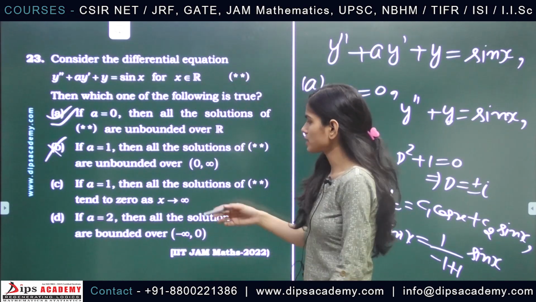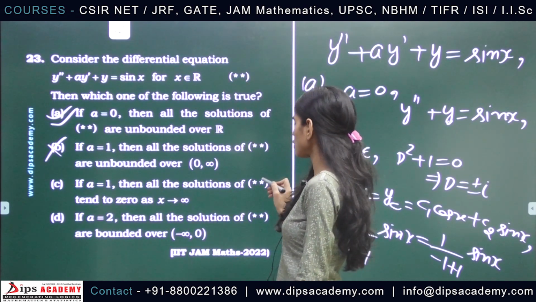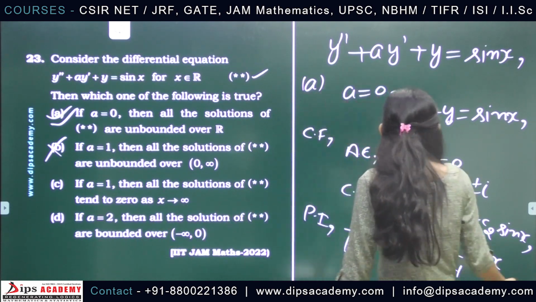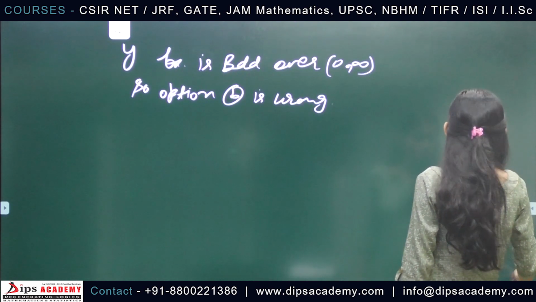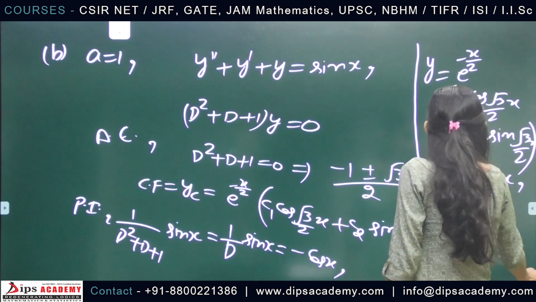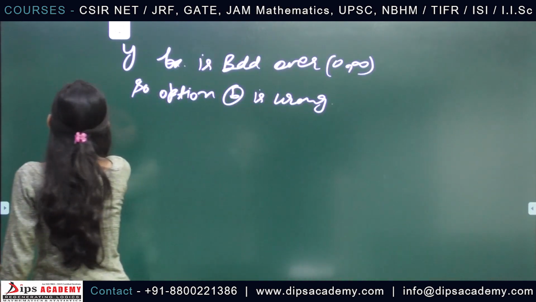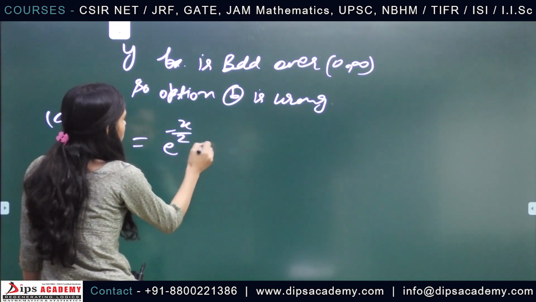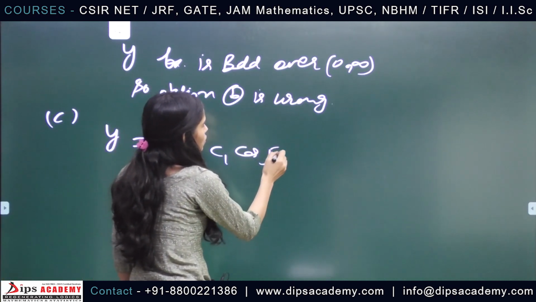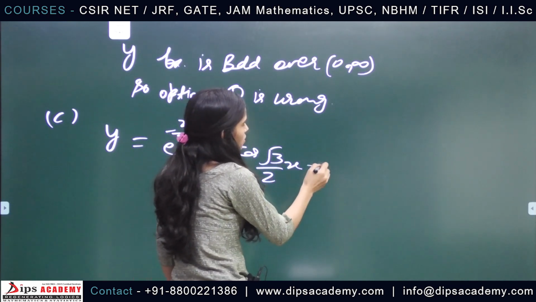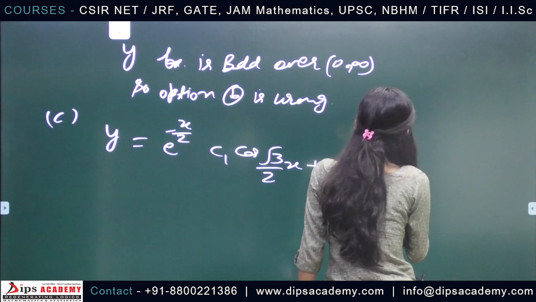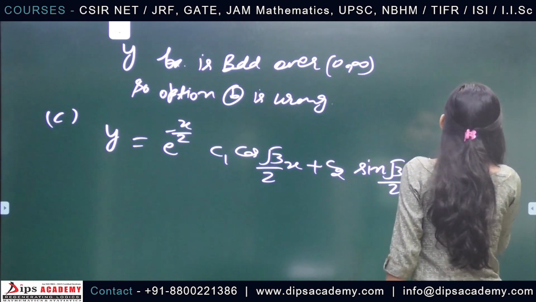In the third option, they are saying that if a is equal to 1, then all the solutions of the given differential equation tend to 0 as x tends to infinity. Let us write the solution here: e raised to the power minus x by 2 into c1 cos root 3 by 2 x plus c2 sine root 3 by 2 x, minus cos x.